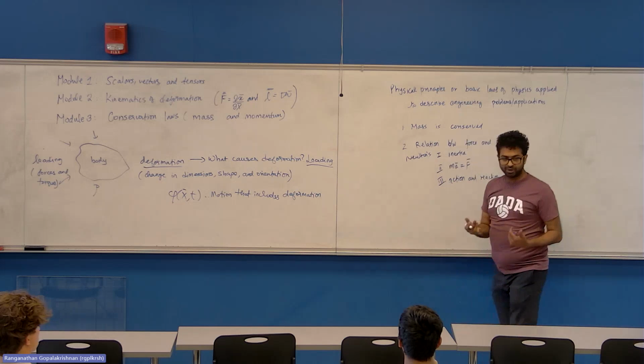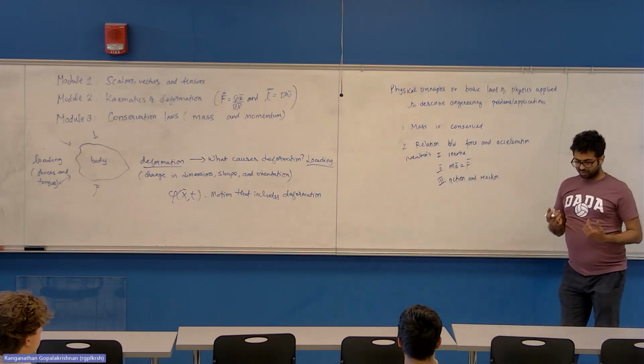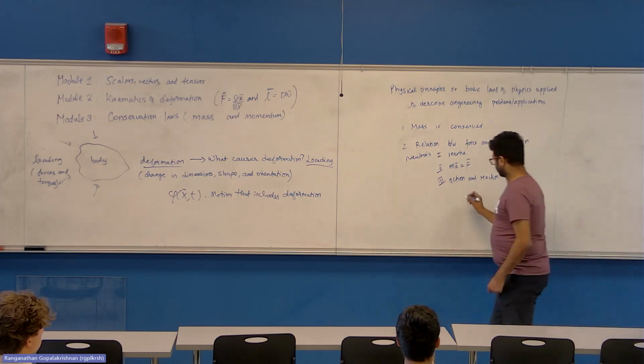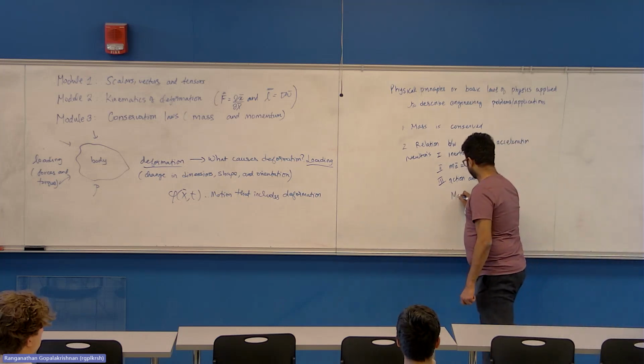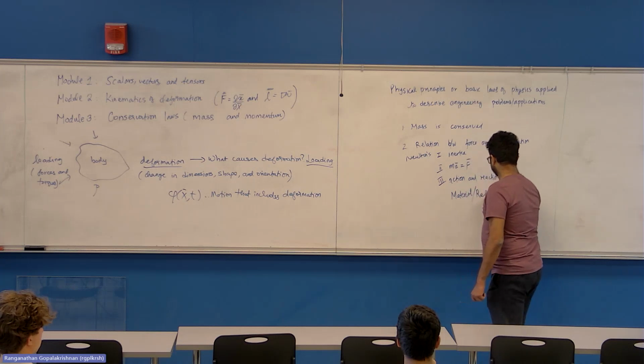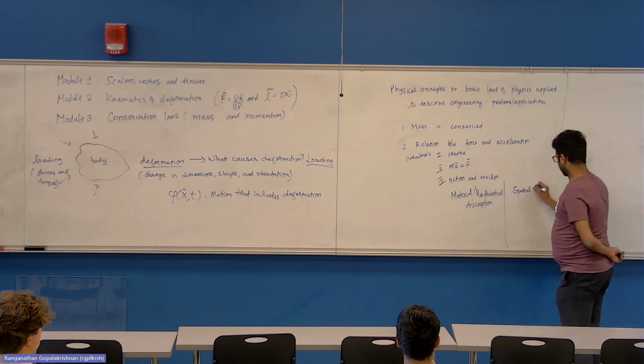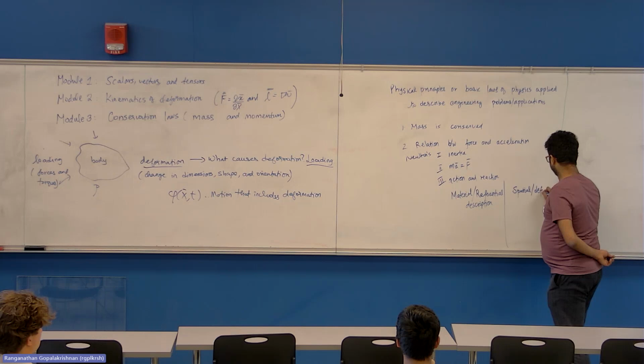so we have learned to describe the deformation of a particle or deformation of a body in two ways. That is, we have our material or referential description, and then we have our spatial or deformed description.